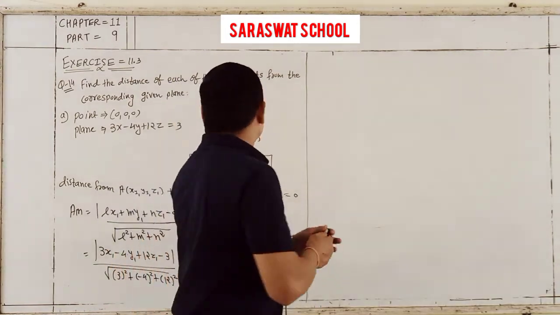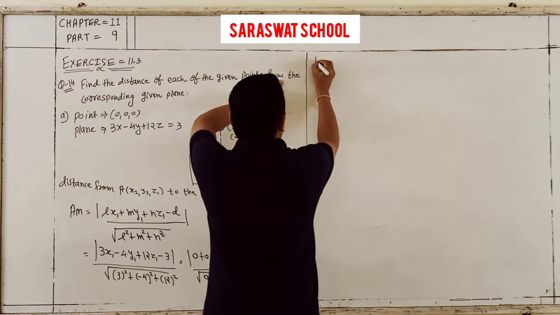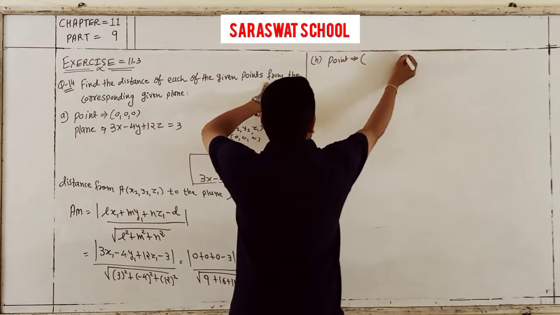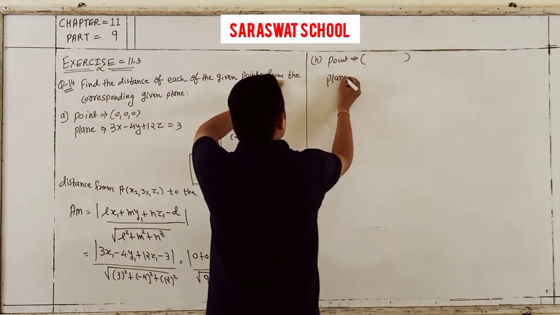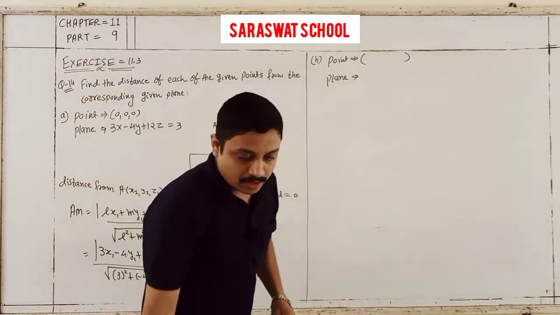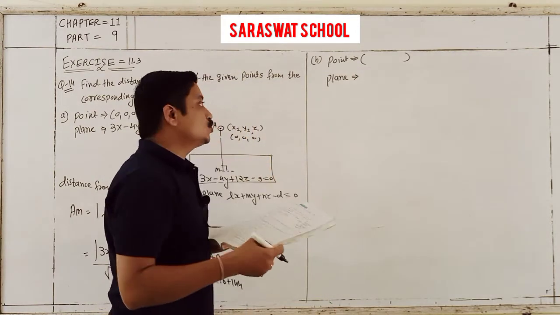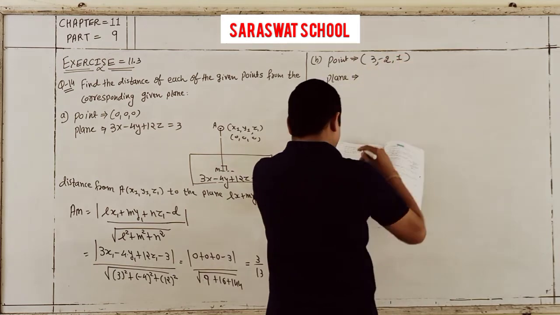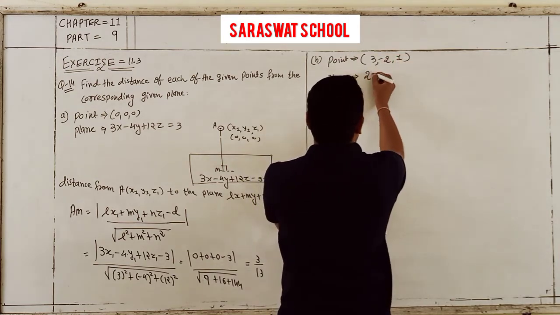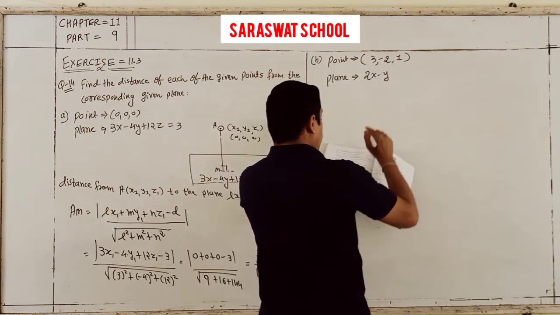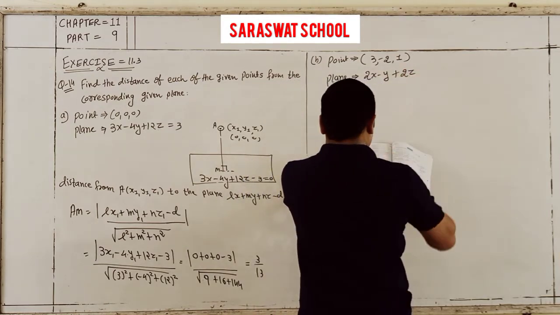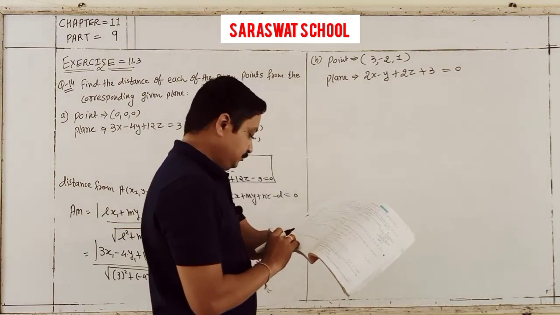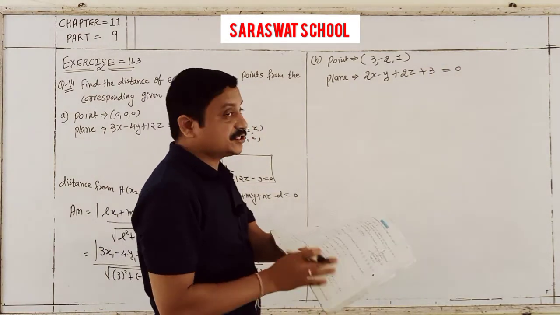Now continue, students, with the second question, part B. The point and the plane are given. My point is 3, minus 2, 1, and the plane is 2x minus y plus 2z plus 3 is equal to 0.